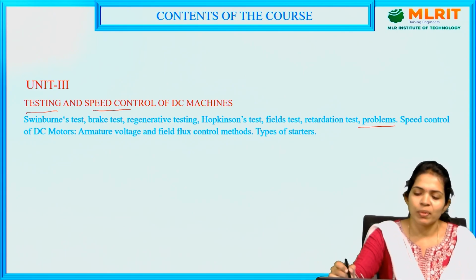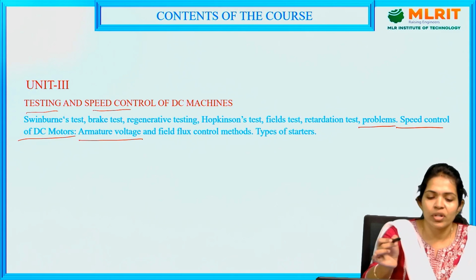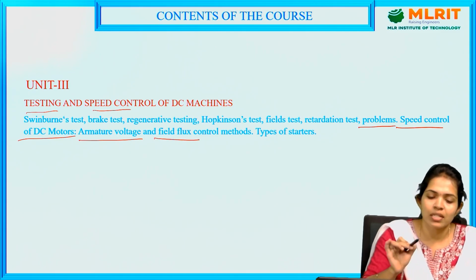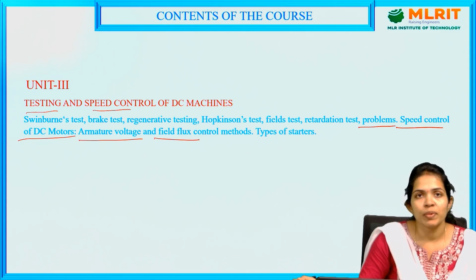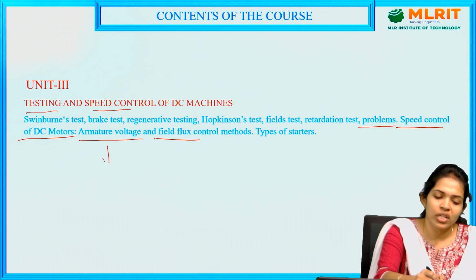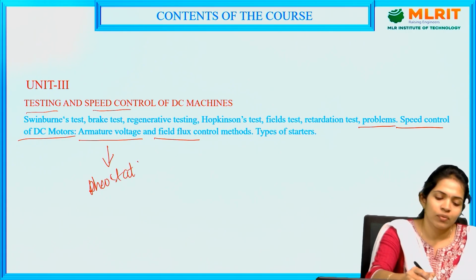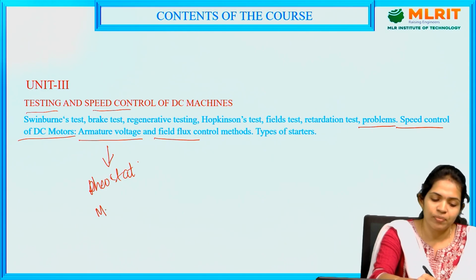Then coming to speed control method, we basically have the armature voltage control method and the field flux control method to control the speed of either a DC generator or DC motor. In the armature voltage control method, we connect a rheostat or a resistance in series with the armature winding, whether it may be motor or generator.